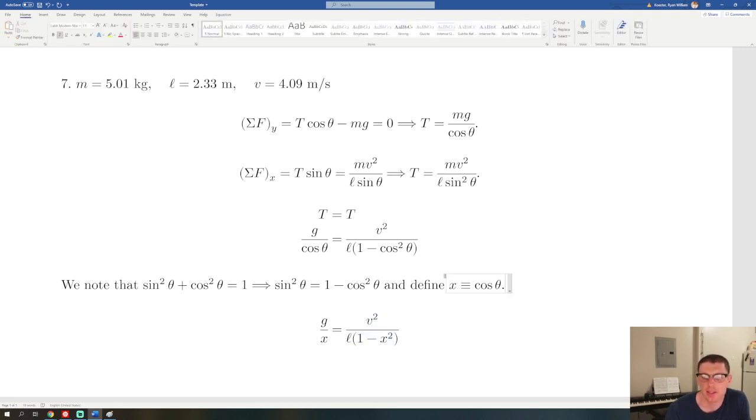And note that this tells us, we just do the arc cosine of both sides, that theta is arc cosine of x.